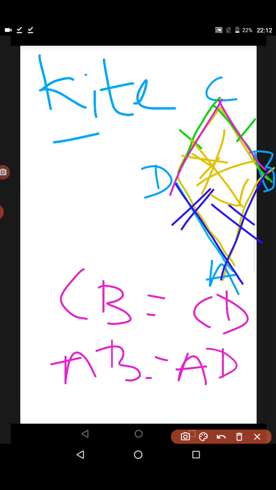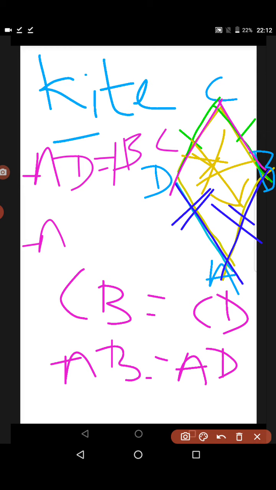Now AD is not equal to BC, and AB is not equal to CD. So these are the symbolic forms, okay? So we discussed this much in this chapter.